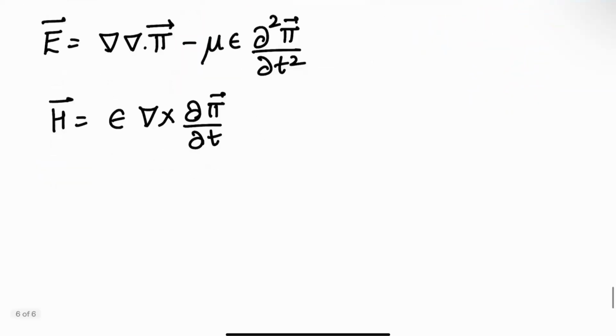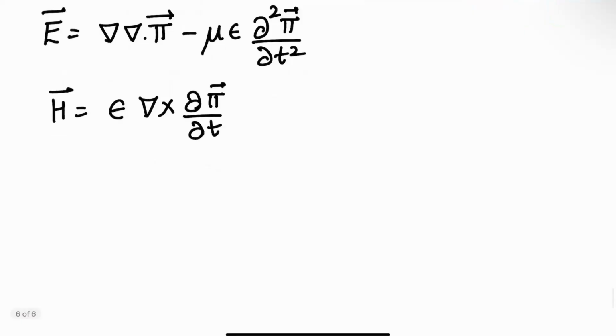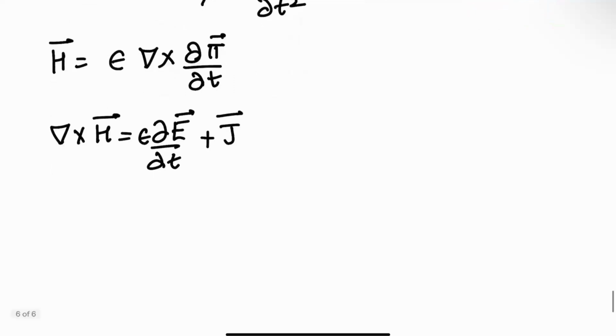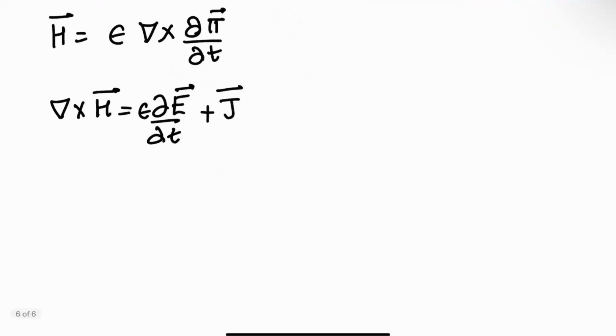And what equation do they satisfy? That we can derive from modified Ampere's law. So we have curl of H equal to epsilon dE over dt plus J. So I can substitute these values on the left and right hand side. The left hand side becomes epsilon d/dt of curl of pi.